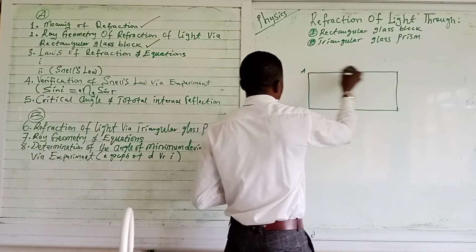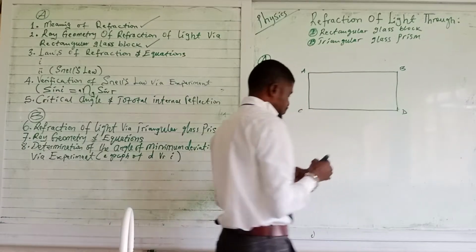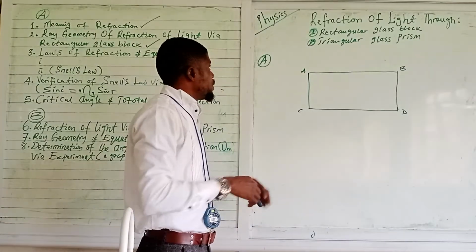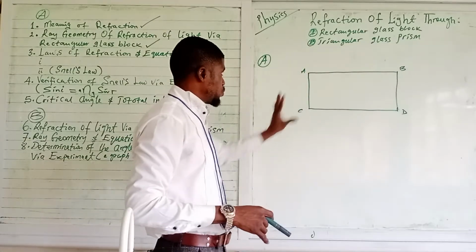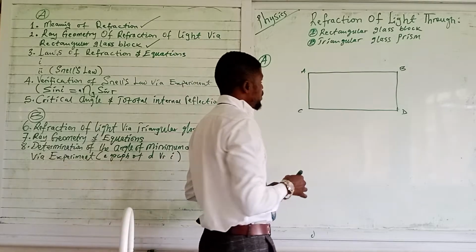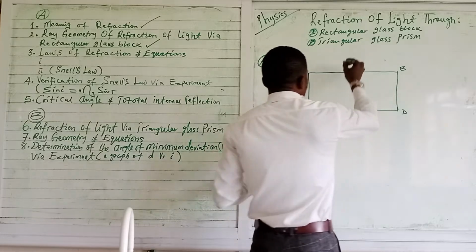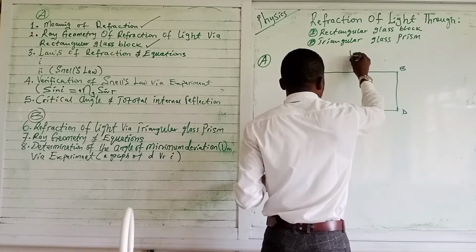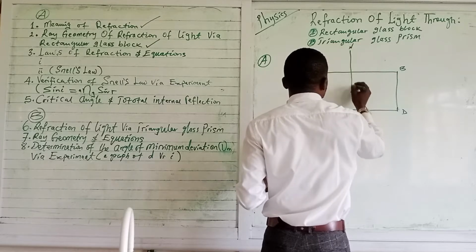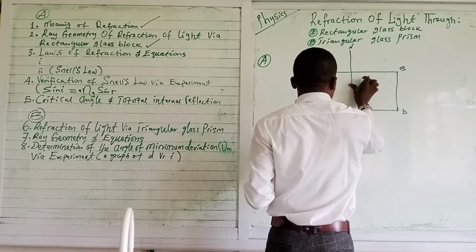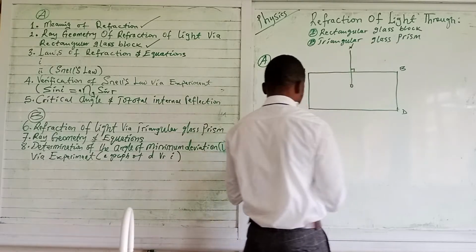Let's label this block A, B, C, and D. How do we represent the refraction of light through this block? Very simple. The next thing is to draw a normal perpendicular to surface AB. We draw a straight line here called the normal. Let's call this NO. NO is our normal drawn perpendicular to the surface.